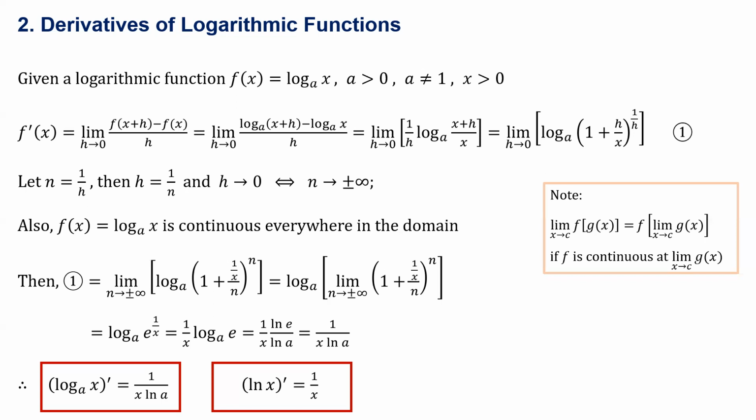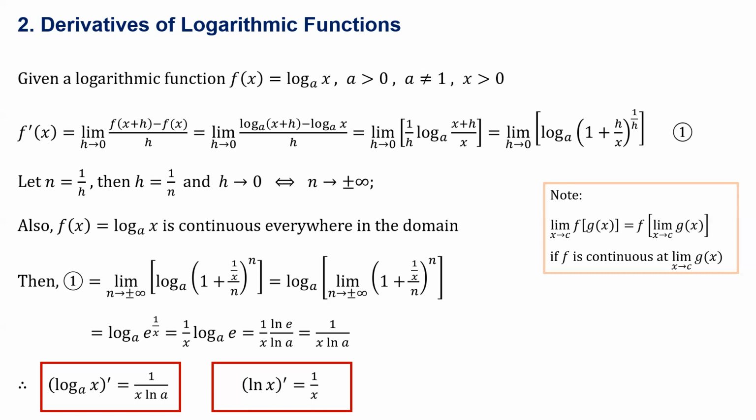Okay, so the derivative of f(x), according to the definition of derivative, is the limit of f(x plus h) minus f(x) over h as h approaches 0, right? Then let's substitute the expression of f(x).